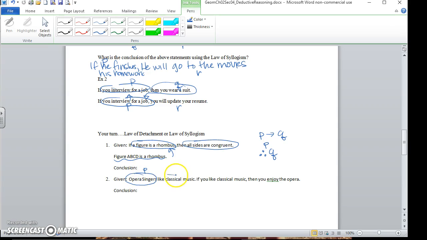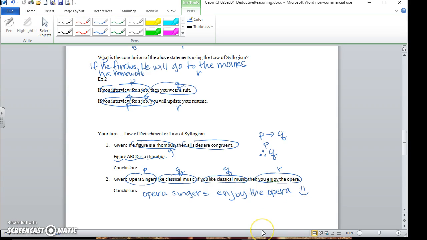So if P, then Q. If Q, then R. All right, so my conclusion is opera singers enjoy the opera. All right, and this is law of syllogism. So this was law of detachment, this was law of syllogism.